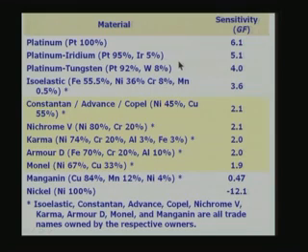Some of these materials you have already seen were also candidates used in thermocouple manufacturing. So, they are also used in other sensors, and that is a common feature between some of these materials. Platinum RTD resistance thermometers are made of 100% platinum, and they have a sensitivity of 6.1. Platinum iridium 95%, 5% iridium, 5.1. Platinum tungsten, 92% platinum and 8% tungsten, 4.